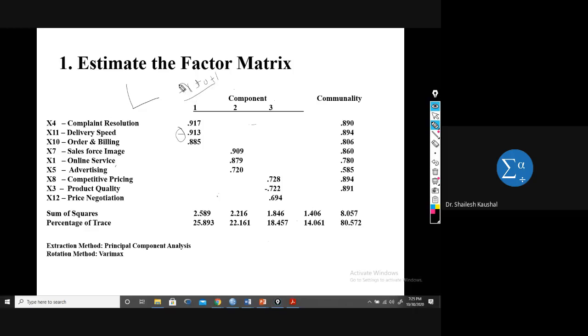So negative only tells about the negative correlation between the two, meaning variable 1 and factor 1. Okay, sir.